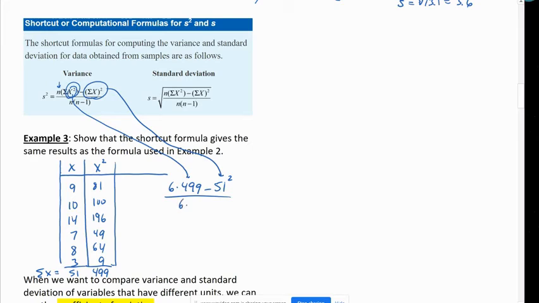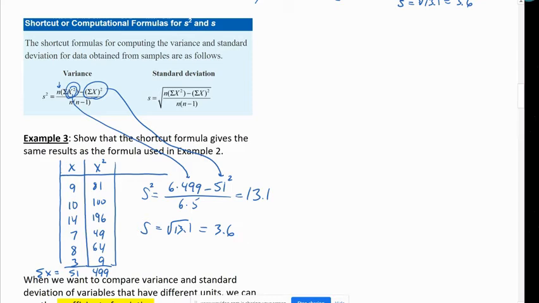So that is 6 times 5. And that comes out to 13.1. Sorry, that's s squared. So then s is the square root of that. And that is 3.62, which will round to 3.6.